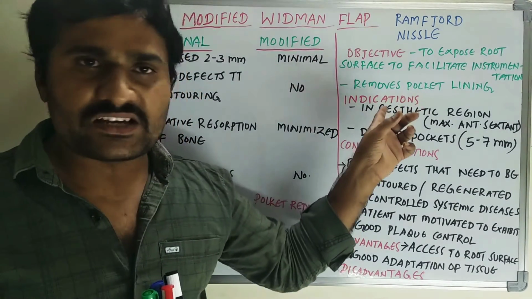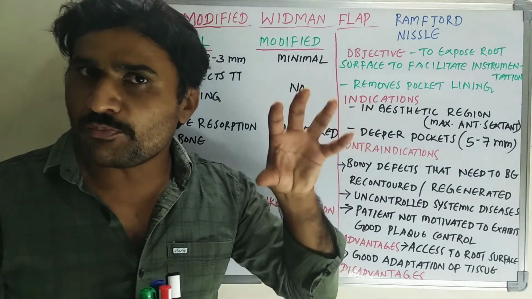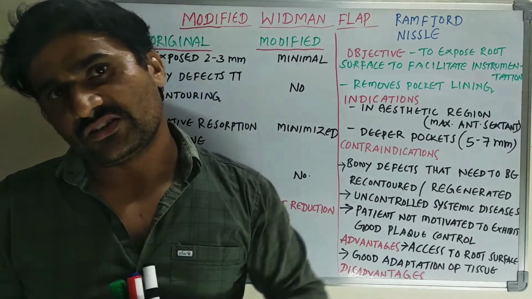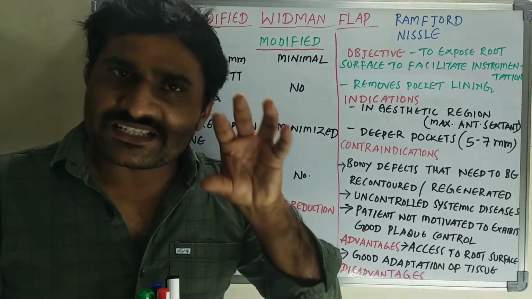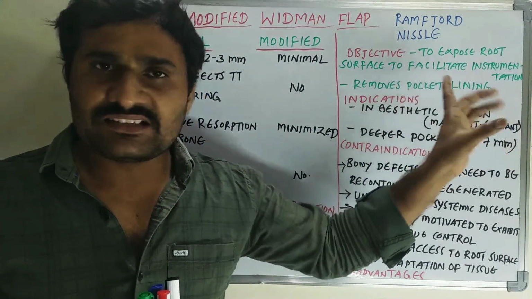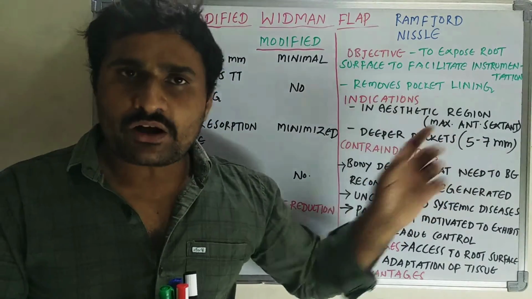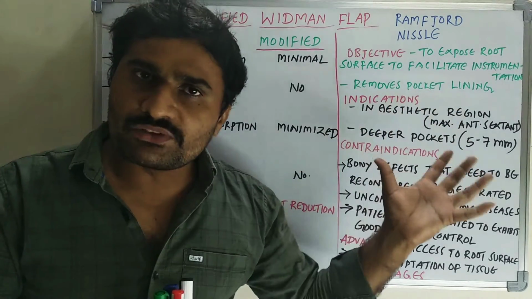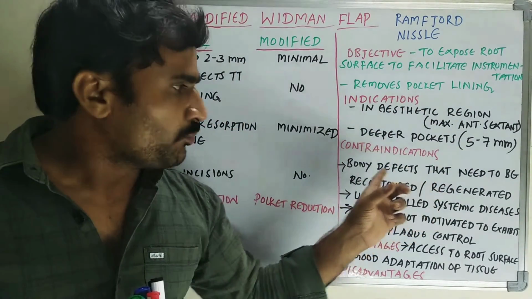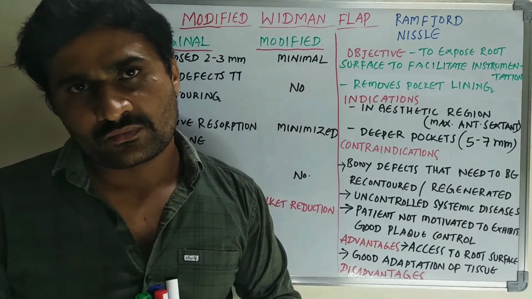Coming to the indications, it is indicated in cases of aesthetic region, especially the maxillary anterior sextant. You can do it anywhere, but it is especially indicated in the maxillary anterior sextant. And deeper pockets, when there are 5 to 7 mm pockets. These are some of the indications. Contraindications: bony defects that need to be recontoured or regenerated.